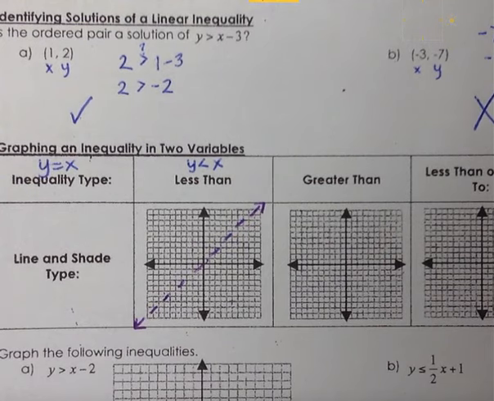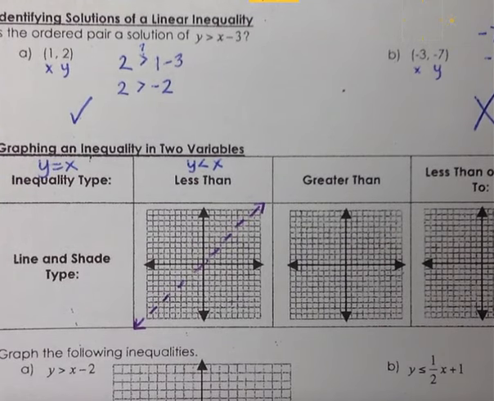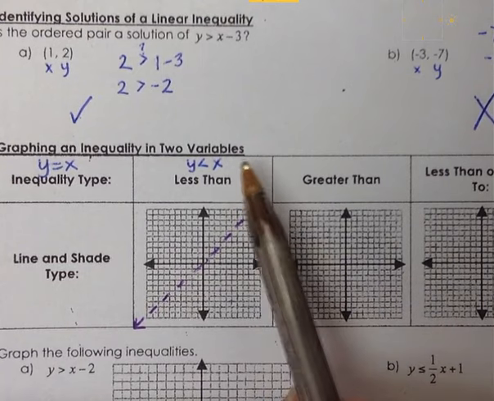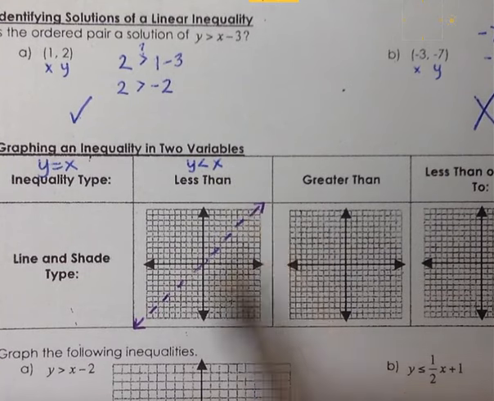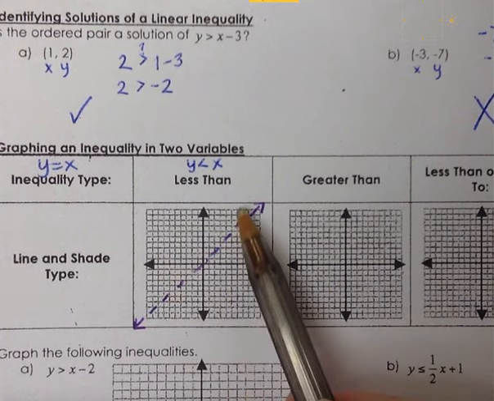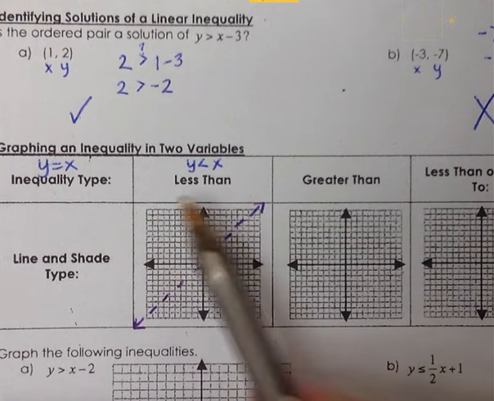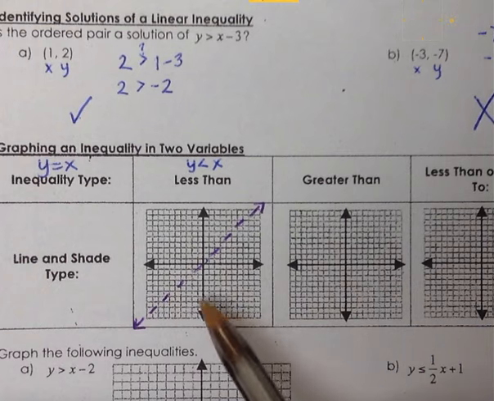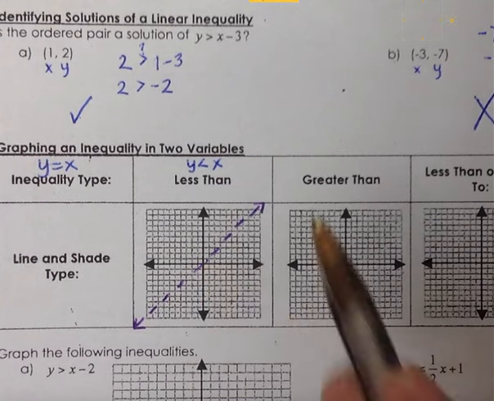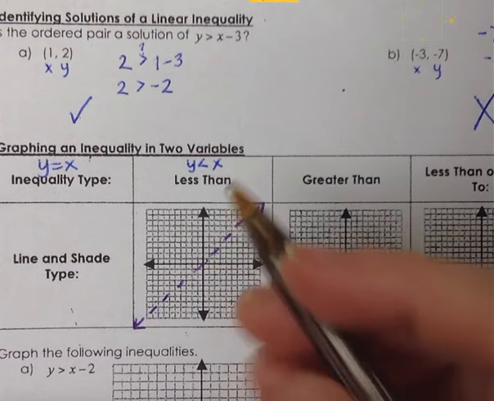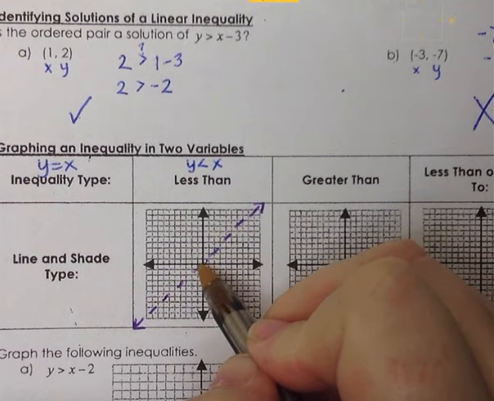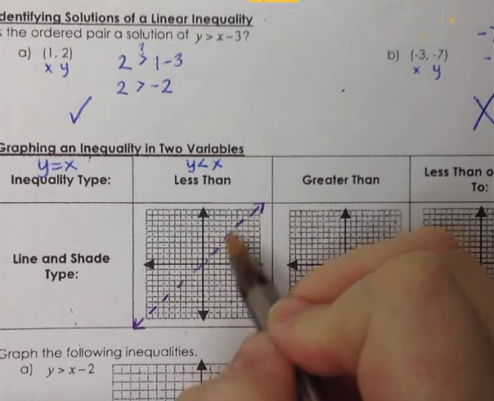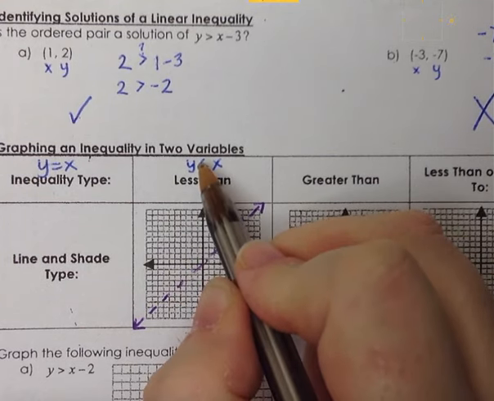Then I have to shade all of the coordinates, or the region, that would be less than this value. Now you could find coordinates on either the above part or the bottom part. So what I generally do is I put my pencil or pen on the line itself that I just drew, anywhere on that line. And it says less than.